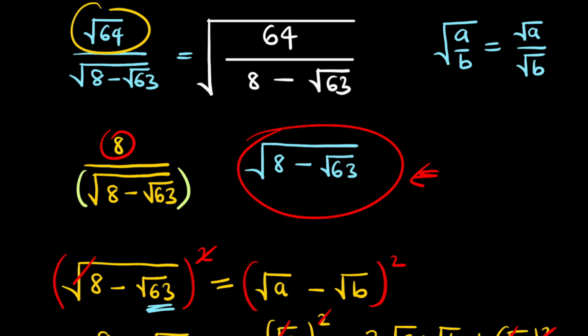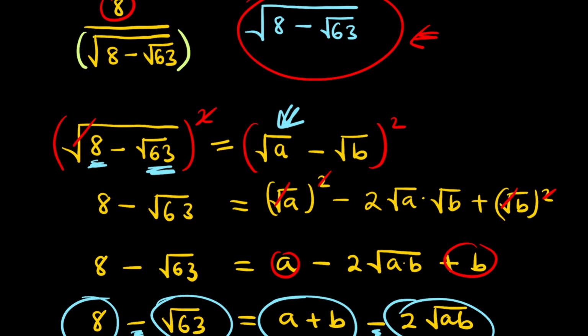Since the square root of 63 is smaller than 8, because square root of 64 is actually 8, so square root of 63 is definitely smaller than 8. Therefore, a has to be the bigger one.